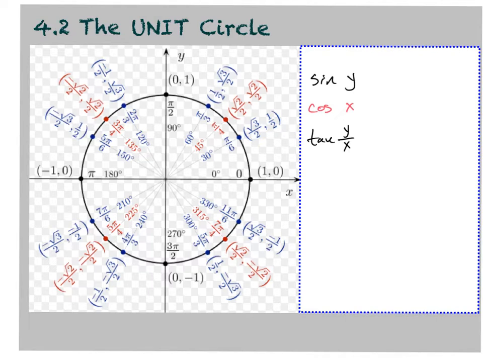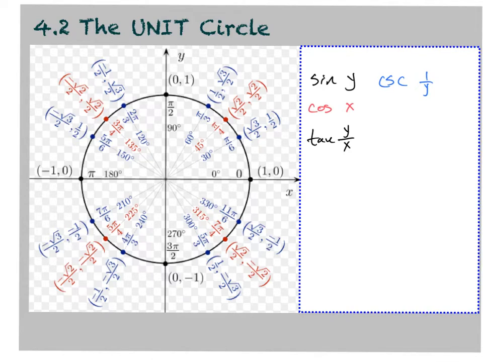Does anybody remember who sine's buddy is? Cosecant. So cosecant is sine's buddy. The way that I want you to think of it is as the reciprocal of sine. Now, the way you write a reciprocal is 1 over y, but that's not really how I want you to think of it. I want you to get sine and then flip it, because that's what a reciprocal is, right?